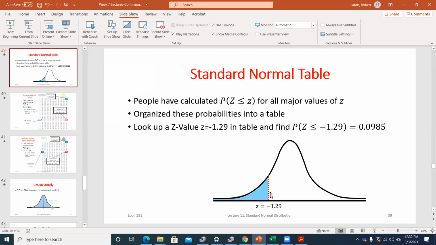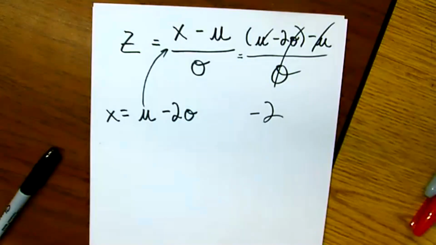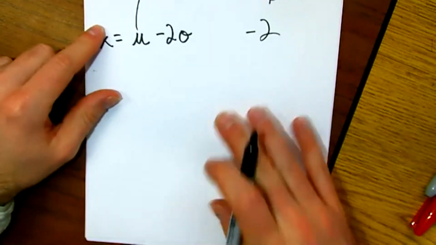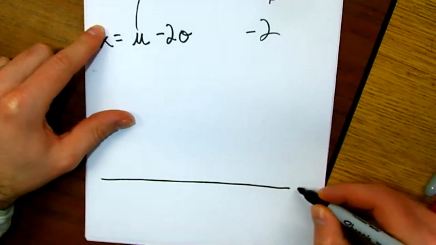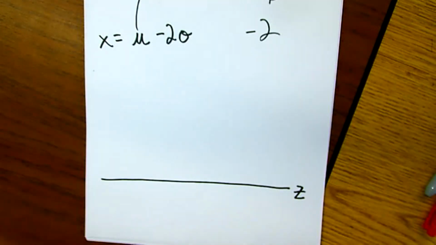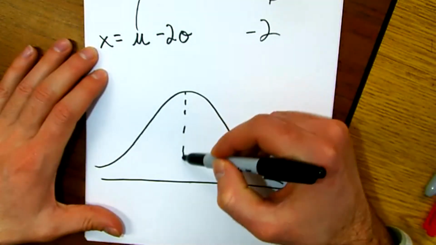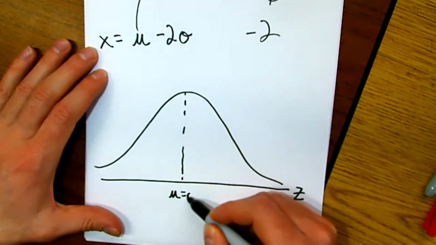Now, anytime I look up a negative z-score, what should the probability always be less than? If I'm thinking about the area to the left of it, I know that for a negative z-score, that area always has to be less than what? So let's think about this standard normal distribution. I've got my z-scores. I know it's a normal distribution, and because it's a standard normal distribution, I know the mean will be 0.